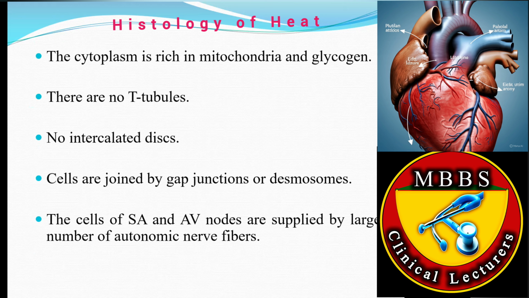There are no T-tubules in this conducting system, and no intercalated discs. Cells are joined by gap junctions and desmosomes. The cells of the SA and AV nodes are supplied by a large number of autonomic nerve fibers.